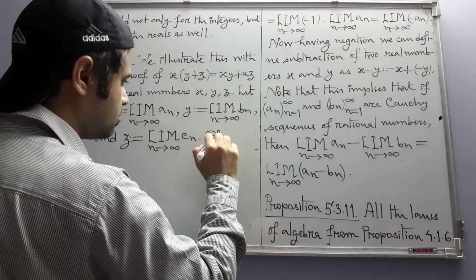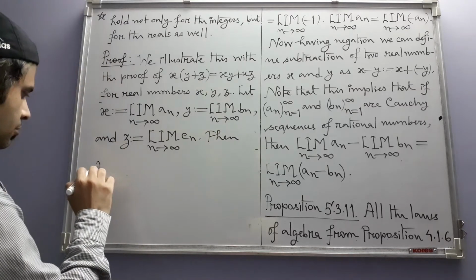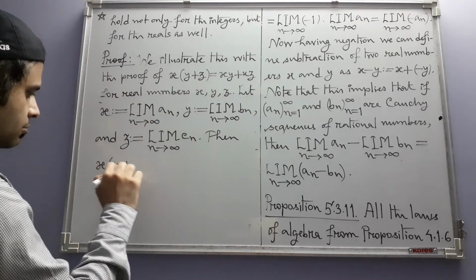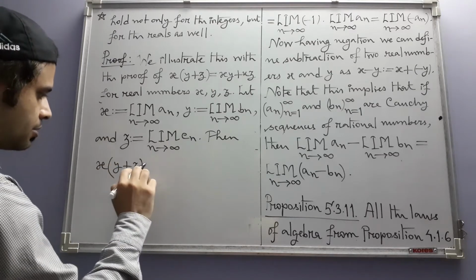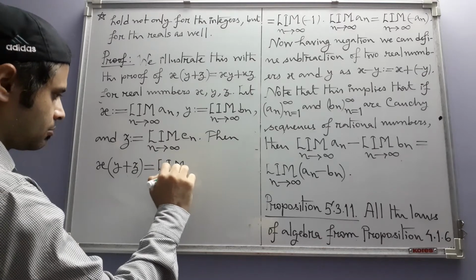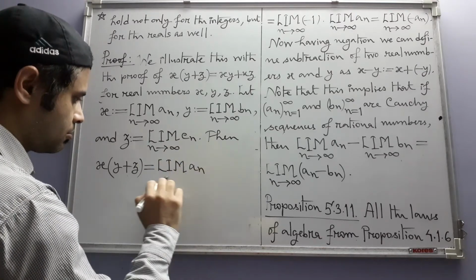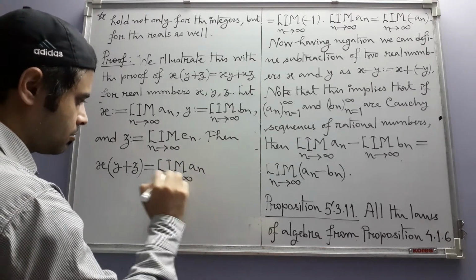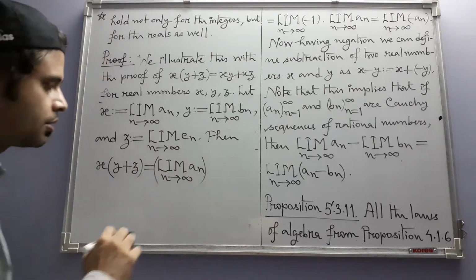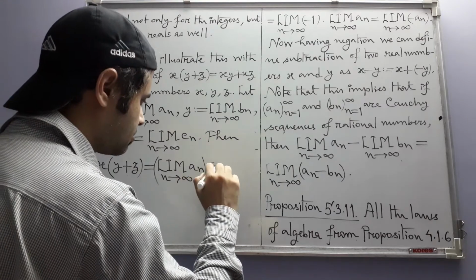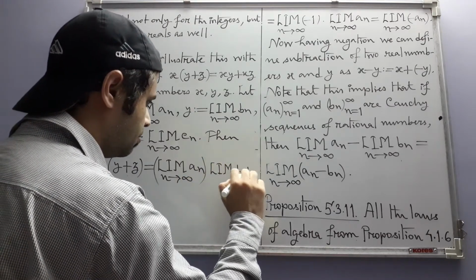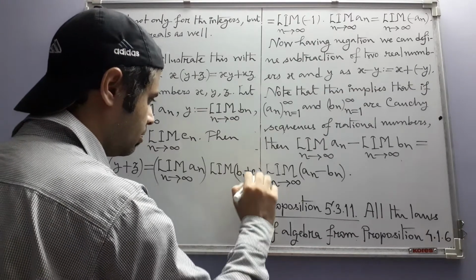Then we directly calculate this quantity x times y plus z. This is x, and y plus z by definition of addition of two real numbers is this formal limit of Bn plus Cn.